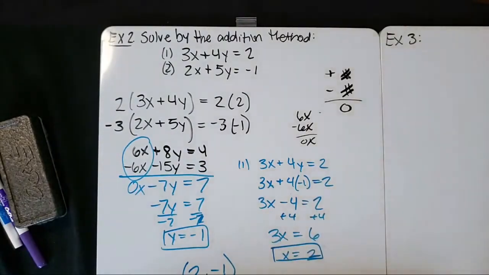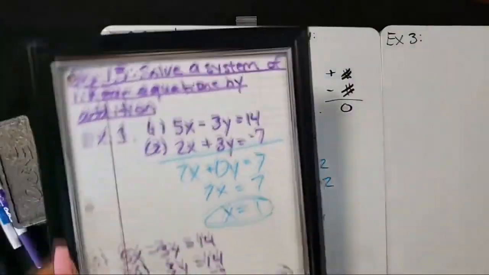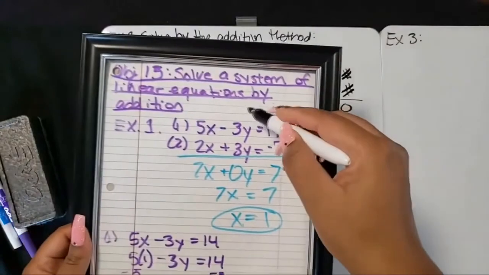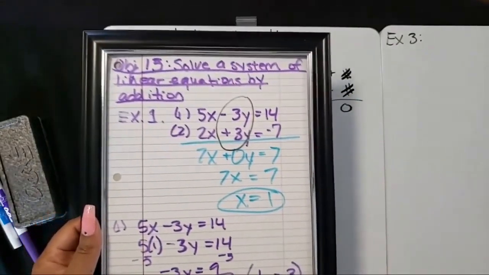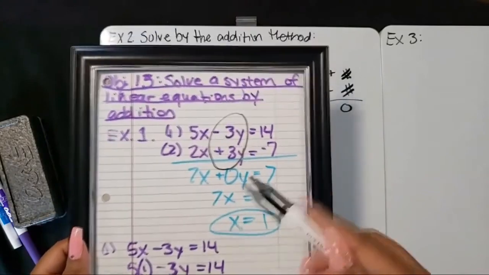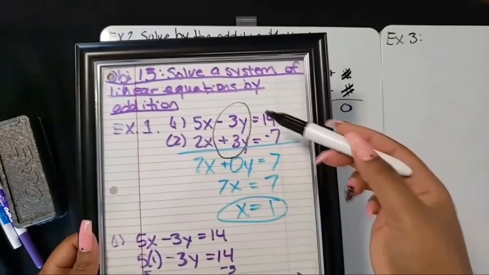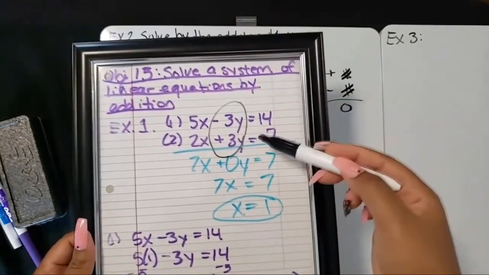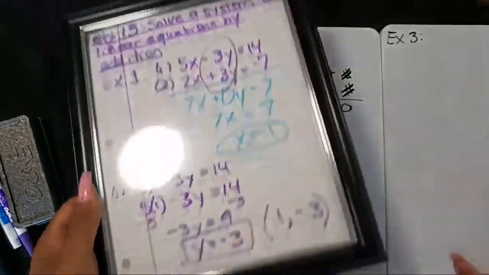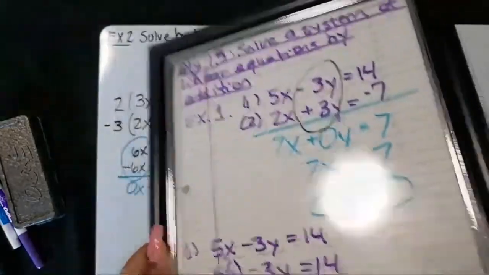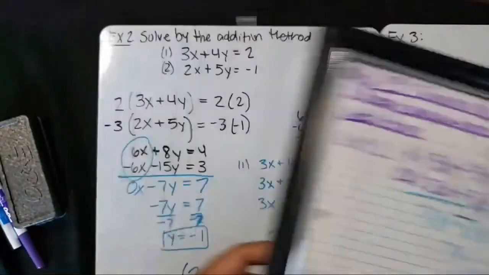So in our first example, okay, this is what we want. We're trying to eliminate a variable. In our first example, we had negative 3y and positive 3y, which when we add that together is 0y, which is eliminating the y variable.